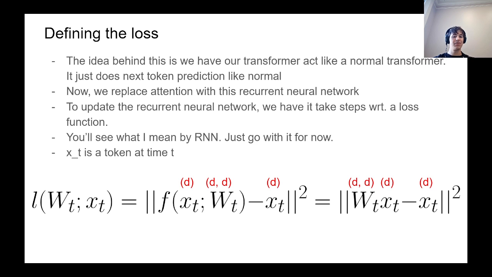But instead of attention, we're going to replace this with this meta learner, which is going to update its hidden state every time it sees a token based off this loss function. So what is this loss function? This loss function is basically this reconstruction. We'll see where this leads, but we're defining this reconstruction loss here, and the model is going to learn based off this. So yeah, reconstruction loss.